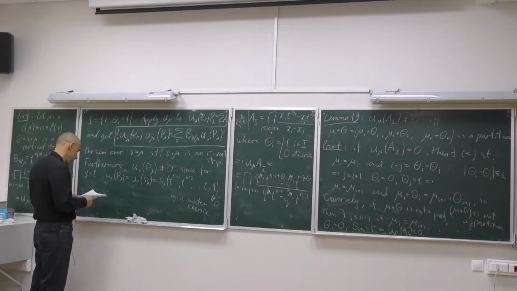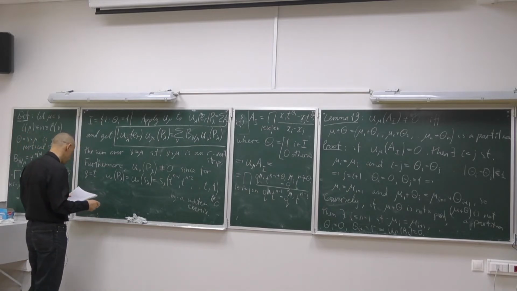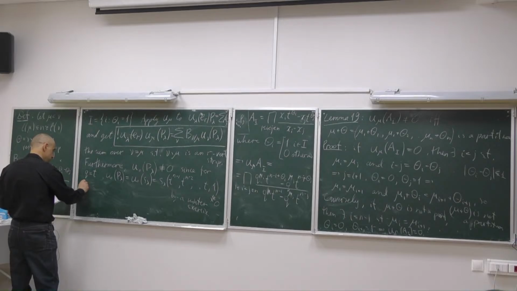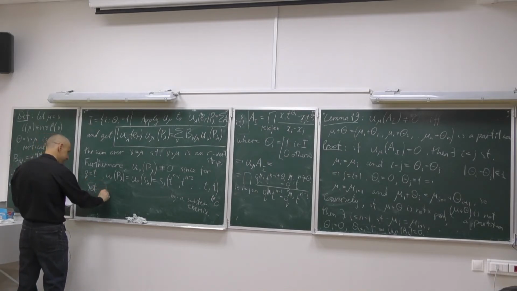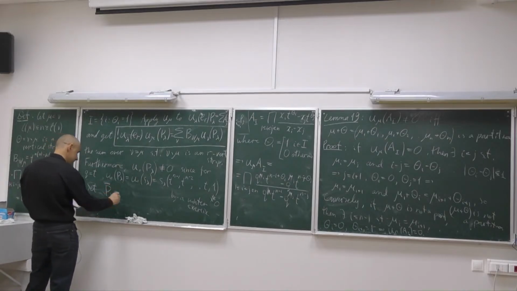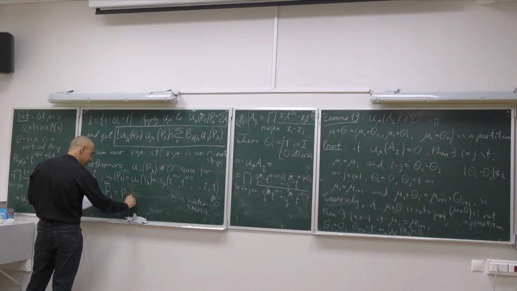Okay. So finally we set the renormalized Macdonald polynomial to be p lambda divided by this evaluation, which is not 0.